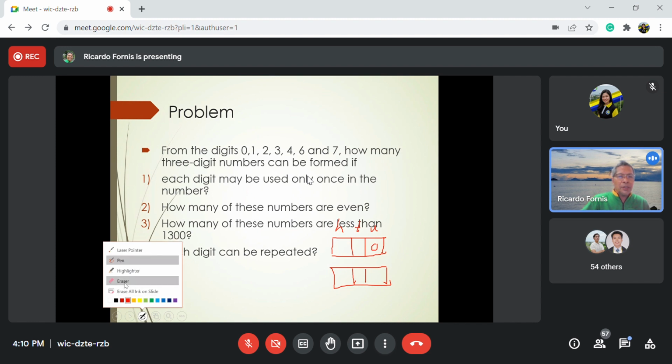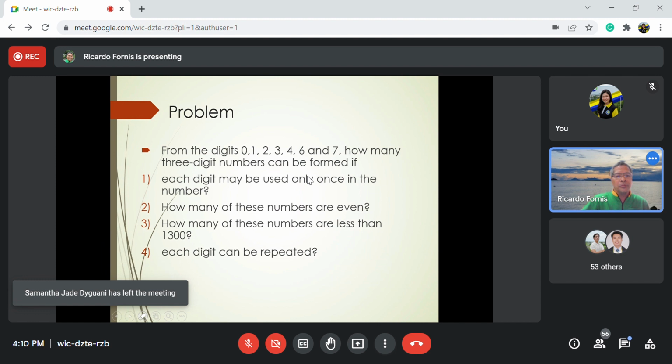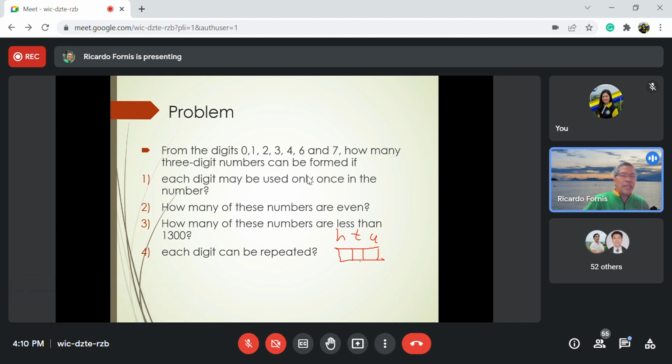If the intention is a 3-digit number that ends with 0, there is only one possibility here, and that one possibility is 0.